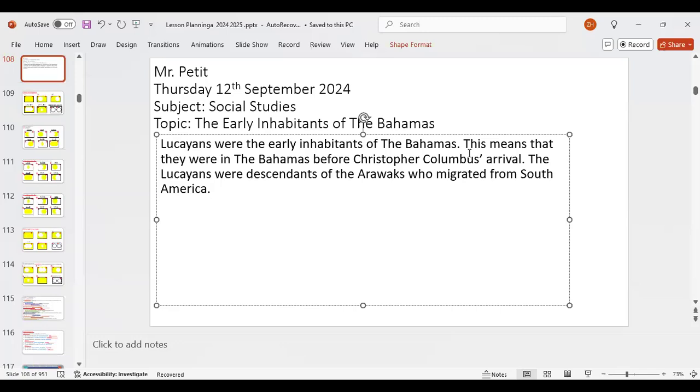They wore loincloths, animal loincloths, yes. What else? They wore primitive clothes, okay. What else? They wore different colors on their body, yes.